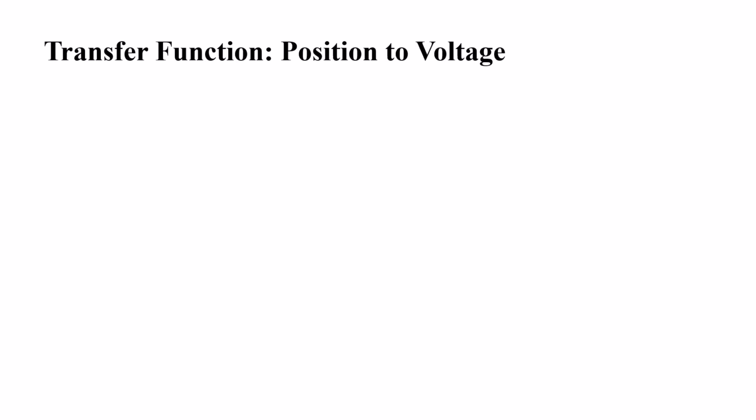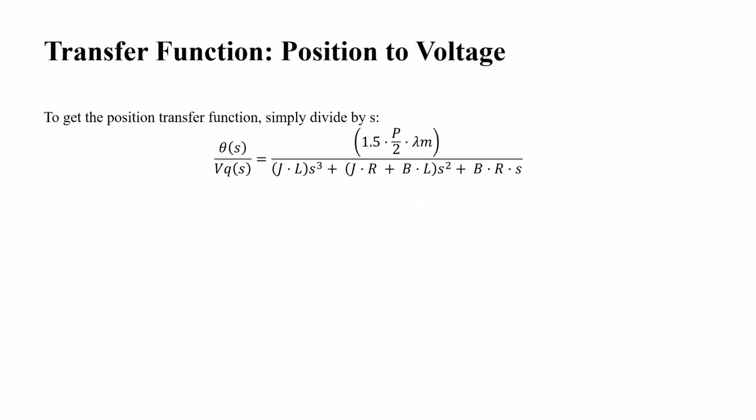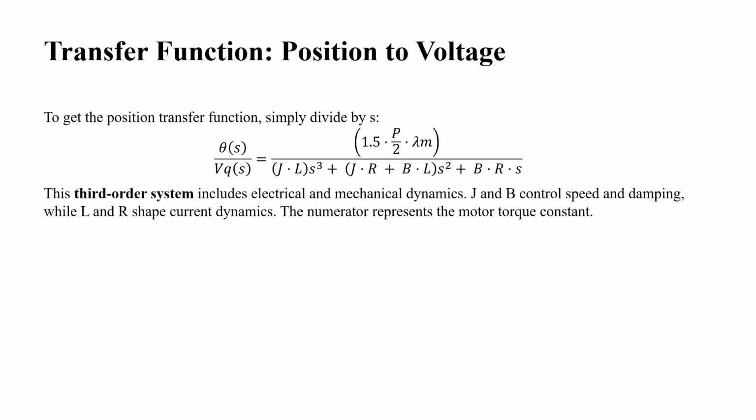In the same way, in the position to voltage control, to get the position we need to divide by S in the total equation. Then the equation will shift to a third order system, because S square will be converted to S cube. So the system gets more sophisticated. When it becomes a third order system, we can't get control very easily. It is a little bit difficult.